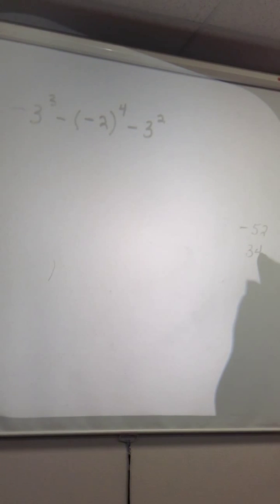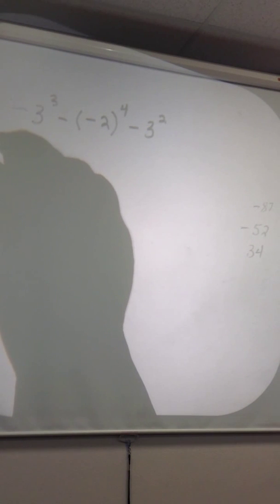I got somewhere in the range of -87. Usually we don't have ranges, but that's okay. Dave, what did you get? Okay. How about you? What did you do, Hannah? All right, well, let's take a look out here and see.